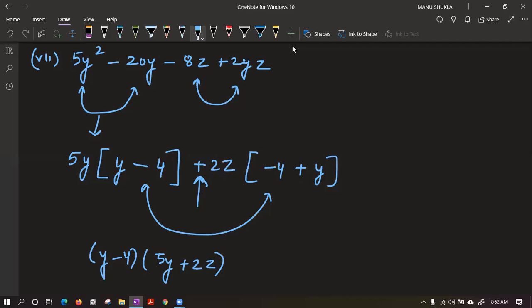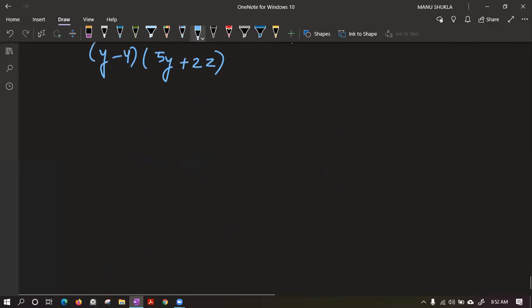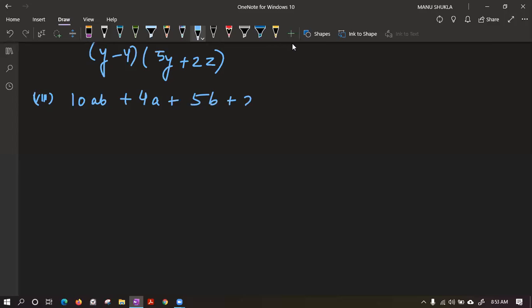Now let's take the 8th part. It is good to see that people have solved a lot of questions, and almost you have done all the parts. 10ab plus 4a plus 5b plus 2.